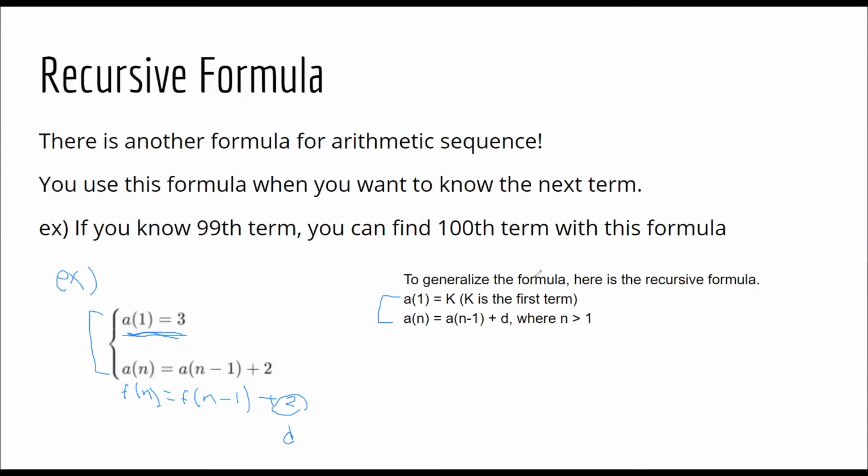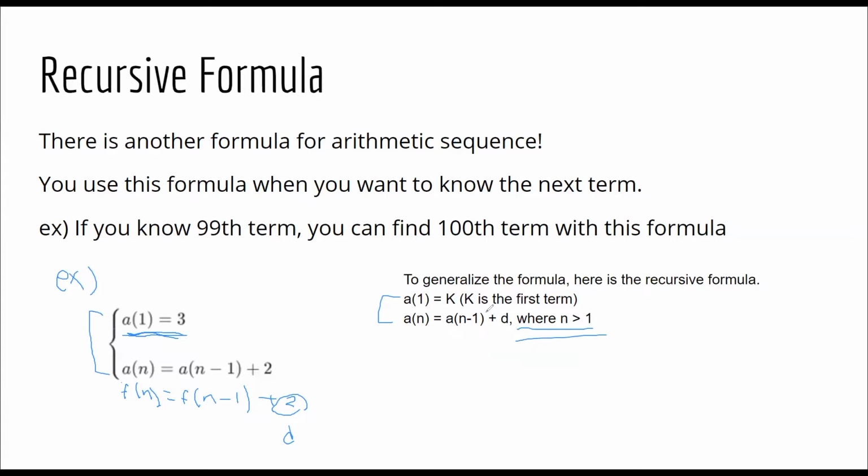To generalize the formula, here's the recursive formula. f1 equals k is the first term, and then fn equals fn minus 1 plus d, where n is greater than 1. Just think about it.